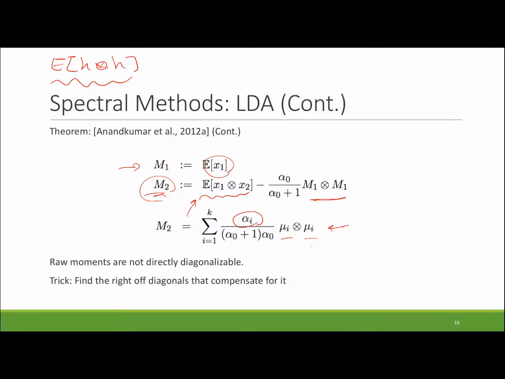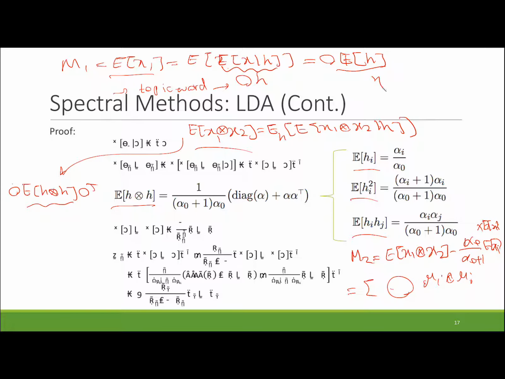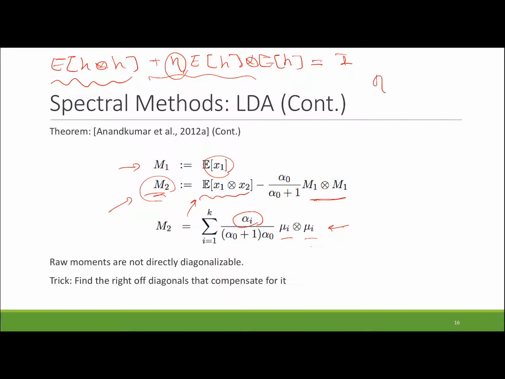And if you can show that some combination of, let me call this eta, of this cross moment is I, or is a diagonal matrix, then you can prove that your M2 is going to have this decomposable form. So basically, you will set the off-diagonal entries to 0, and then you will find this eta. And then you will see that eta is going to be equal to alpha 0 over alpha 0 plus 1.